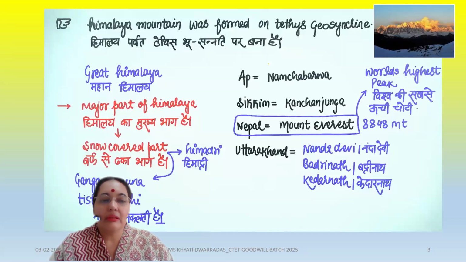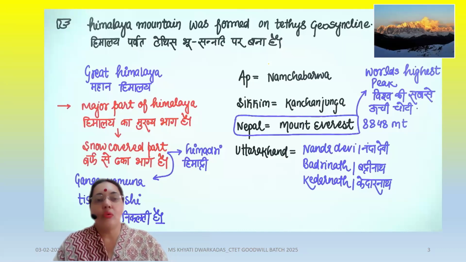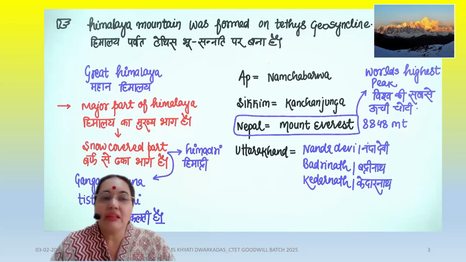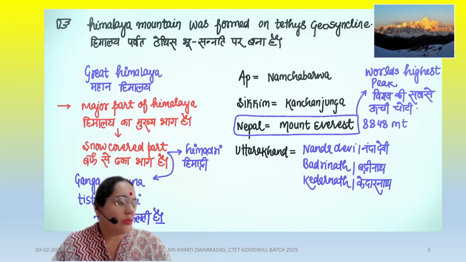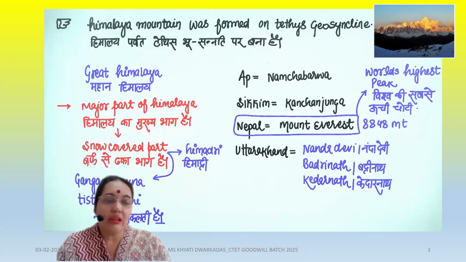We spoke about the Himalayas being called Himadri, because they are covered with snow, Him means snow. So Himadri is the Greater Himalayas or the snow-covered Himalayas. And with that, we also spoke about the rivers that flow through the Himalayas. We did mention Ganga, Yamuna, Tista, and Koshi.